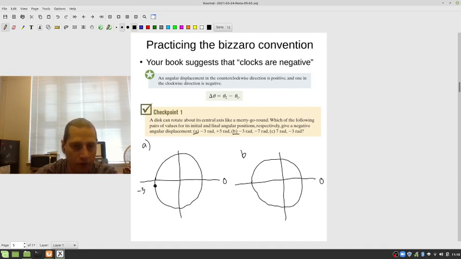So there's -3 radians. This is pi. This is pi over 2. This is 3 pi over 2. And you end up at 5 radians. So 5 radians is almost 2 pi. So 5 radians is over here.